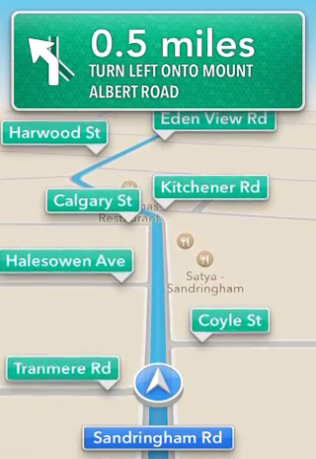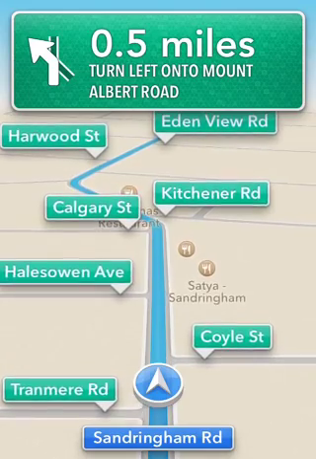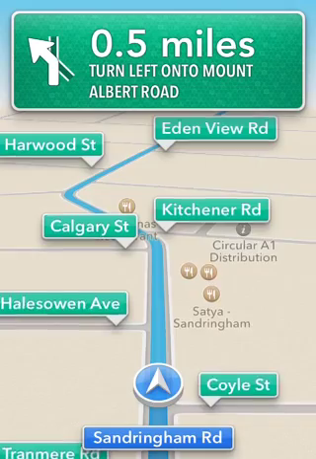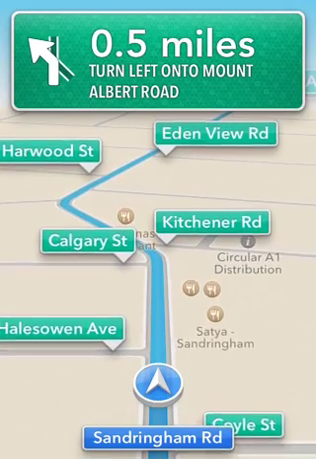Maps actually, if I lock the phone screen now, maps will still be visible in the locked screen. In 1/2 mile, turn left onto Mount Albert Road.